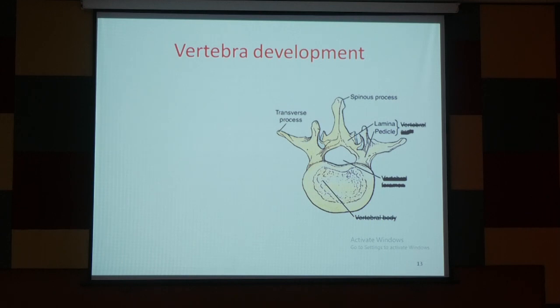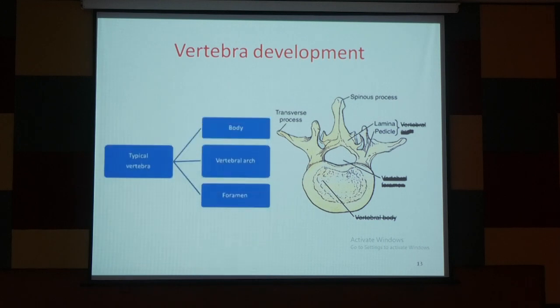Then we have the processes, which flare out into different areas: one on the posterior side, others on the lateral sides, and so on. This outreach area we call a process. As these processes come together, they hold a cavity in between, through which the spinal cord and the covering of the spinal cord drop down. We call this area the intervertebral foramen. So these are the three components.